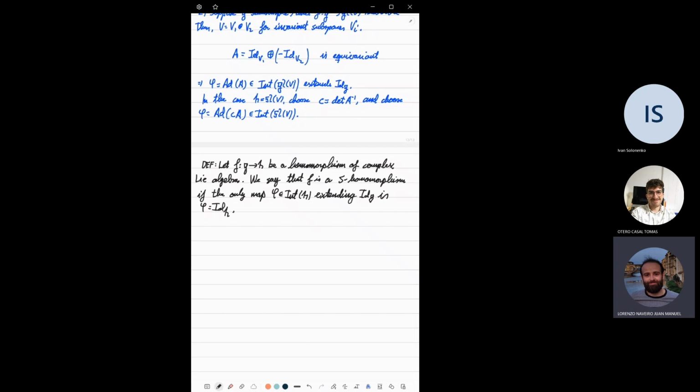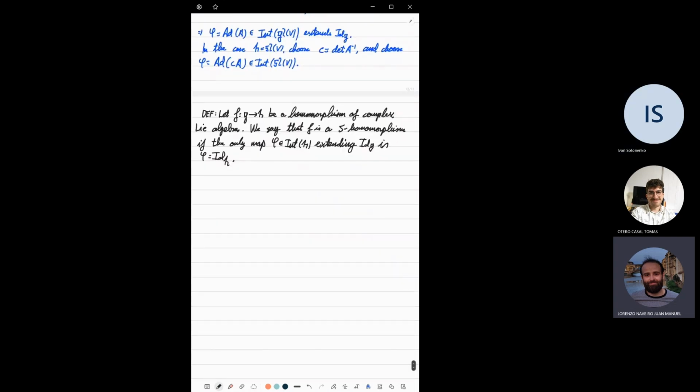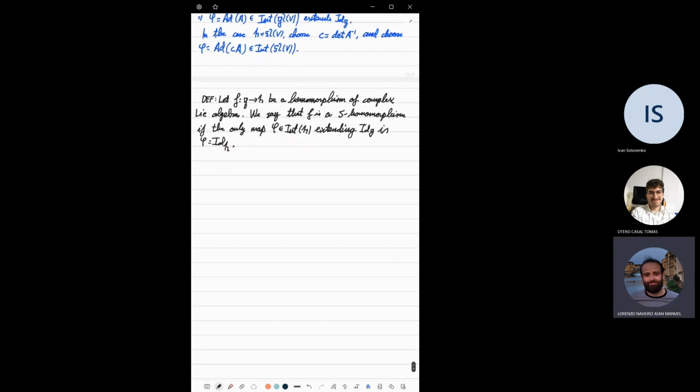In the end, he gives an example of an S homomorphism that is reducible, in the case that we change the codomain. But about seeing if there are outer automorphisms that extend the identity, he doesn't bother with this because we only need it for the inner part. I guess it's not that important. Sorry. No problem.